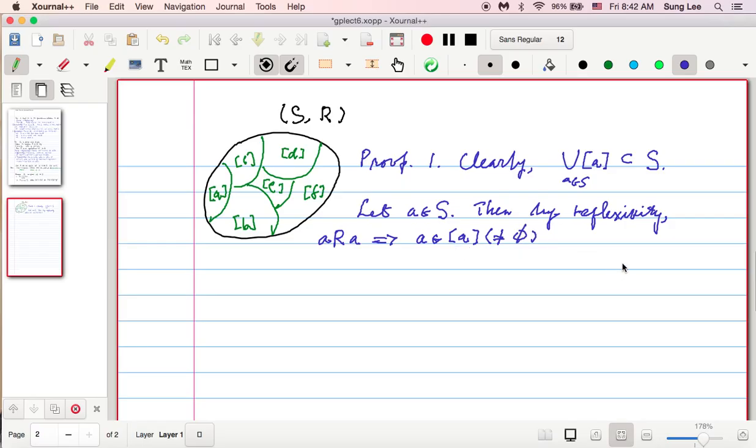And this is a subset of the union. This is sort of a bad notation, so just bear with me.